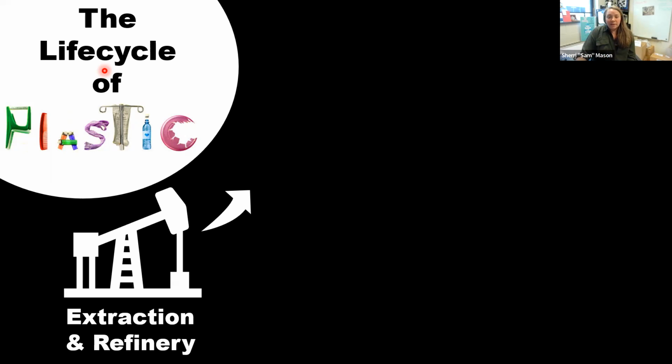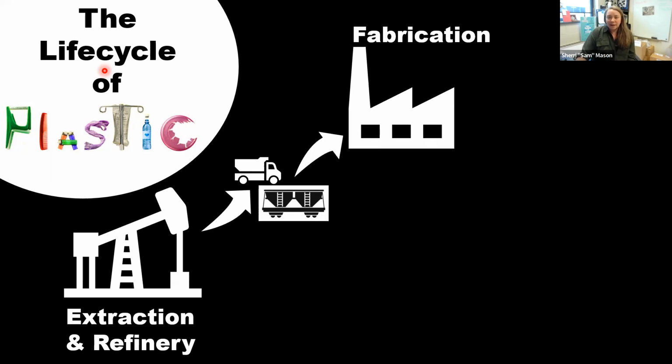From there, what is actually formed in the refinery are these little plastic pellets, otherwise known as nurdles, that are shipped to some kind of facility where they're fabricated. Every one of those transfers allows for these pellets to be lost to the external environment. And so that's another place where they are polluting.